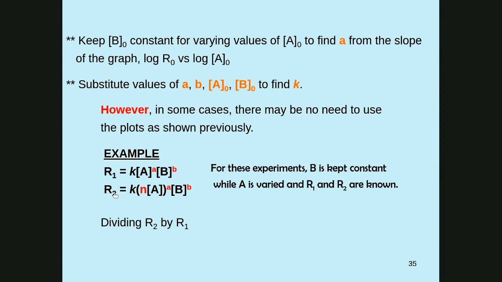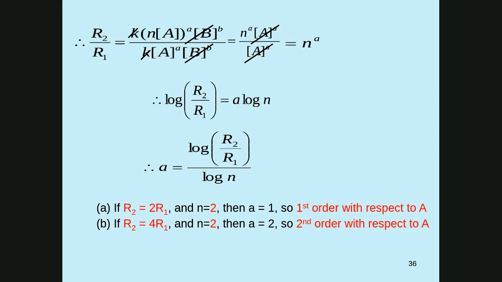Now you compare those two results, and you do that by dividing the second equation by the first, because a lot of common factors will cancel. If you do that, you get R2 over R1 equals k times (n[A])^a times [B]^b, divided by k times [A]^a times [B]^b.